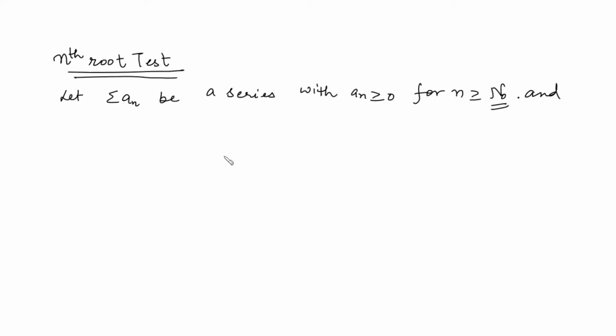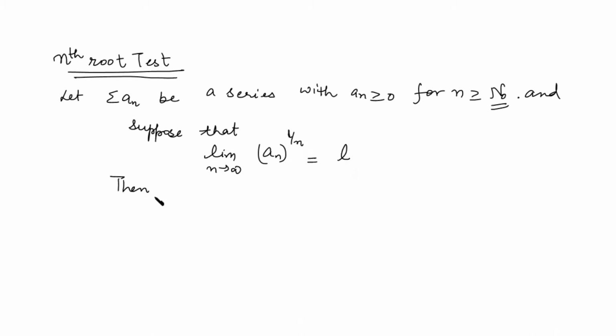And suppose that we find the limit of the nth root of the nth term, a_n to the power 1 by n. So the nth root of the nth term, find this limit, let it be L.